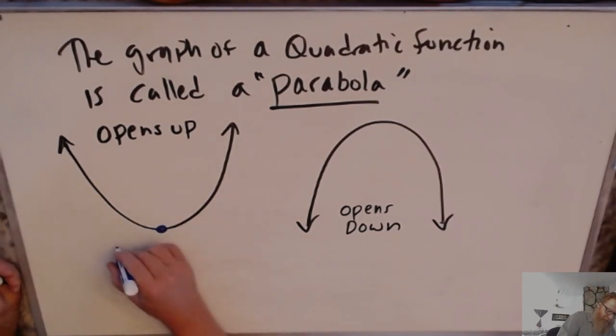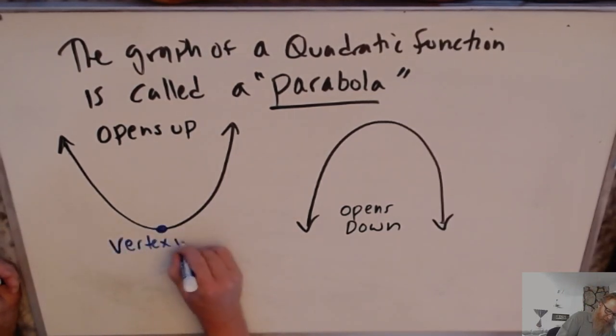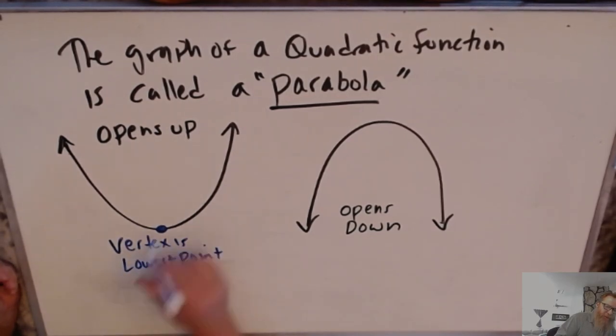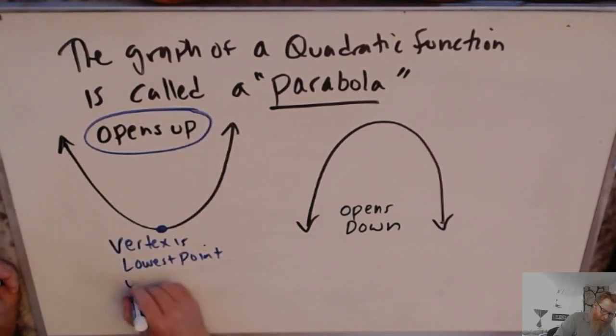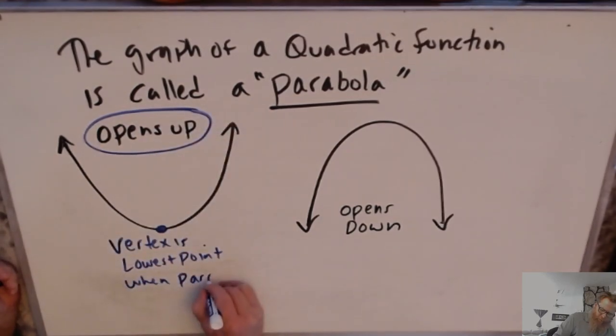The vertex is the lowest point when the parabola opens down.